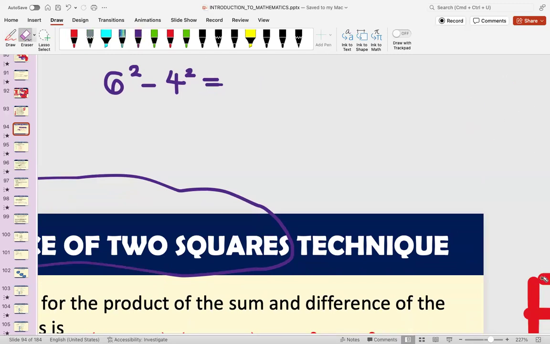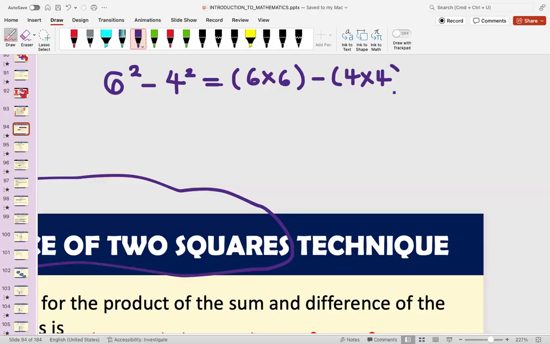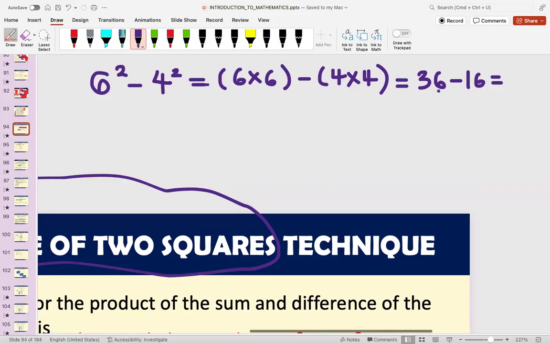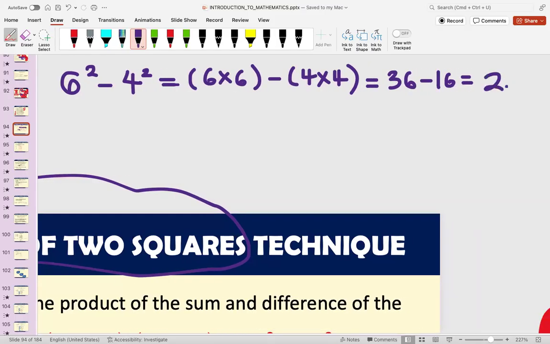Let's try and work it like we are now learning how to do multiplication. 6 squared is the same as 6 multiplied by 6 minus 4 squared is the same as 4 multiplied by 4. 6 multiplied by 6 is 36 minus 4 multiplied by 4 is 16. When you take 16 from 36, your final answer is 20.